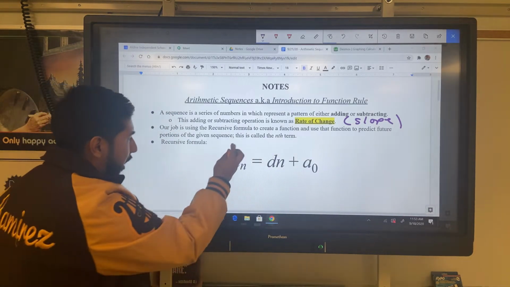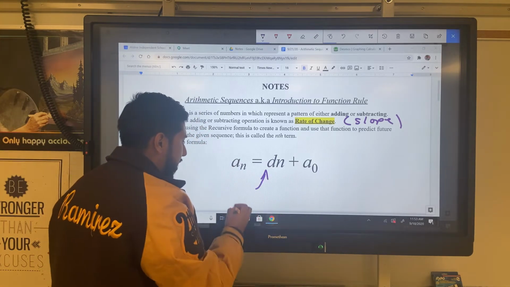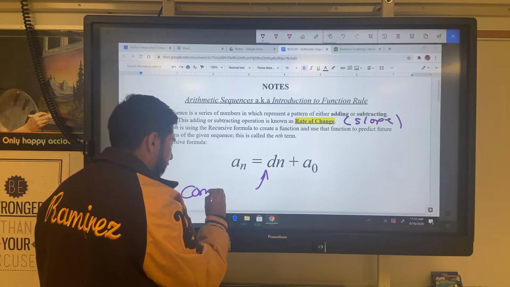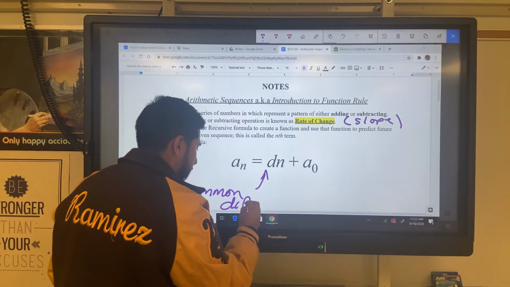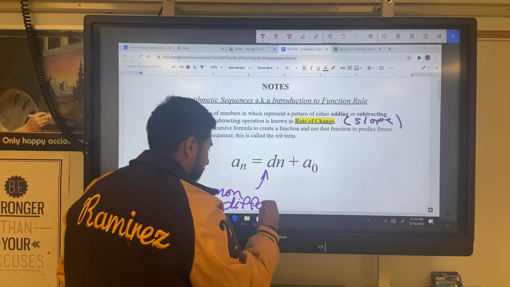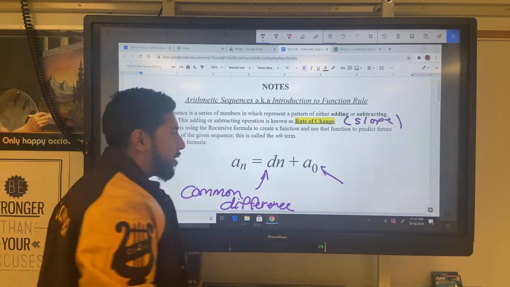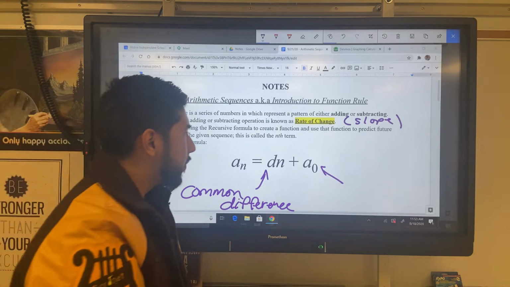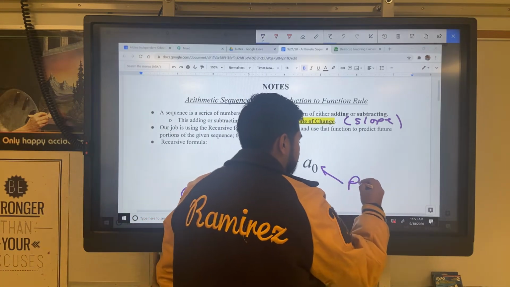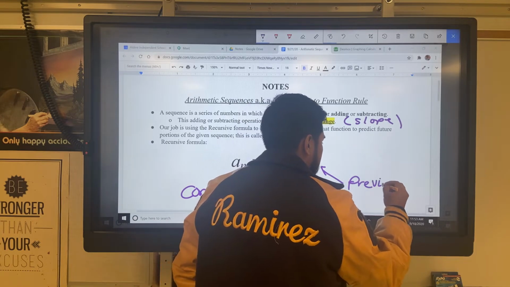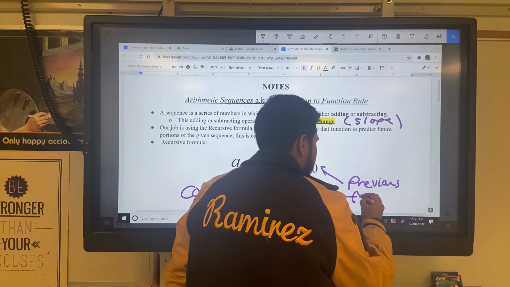Okay, so this is a regular function. Note that D is called the common difference, and this a sub 0, A0, is the number previous to my first term.